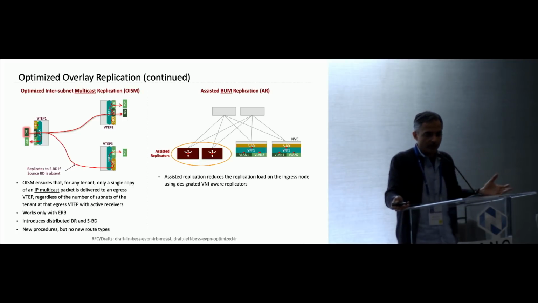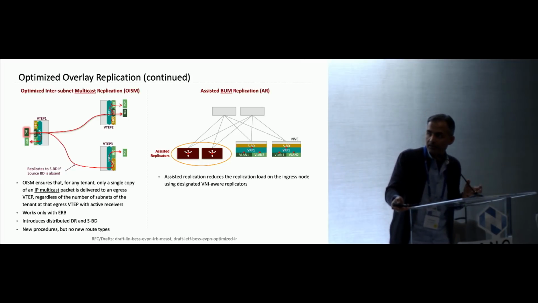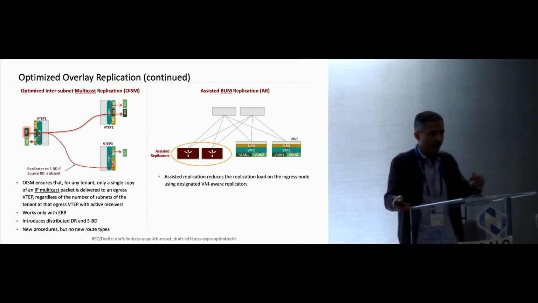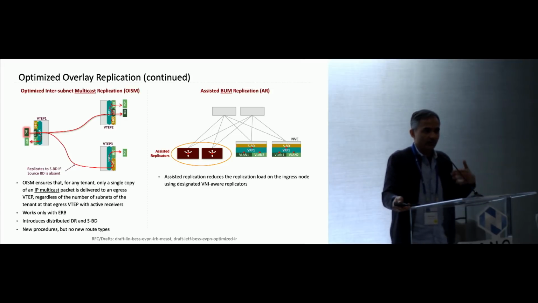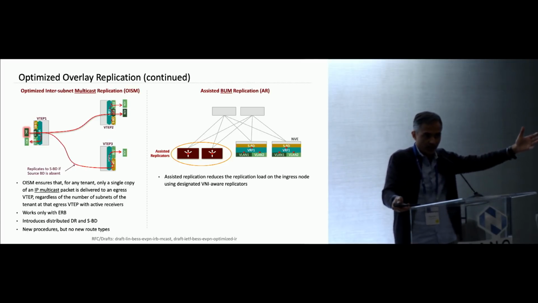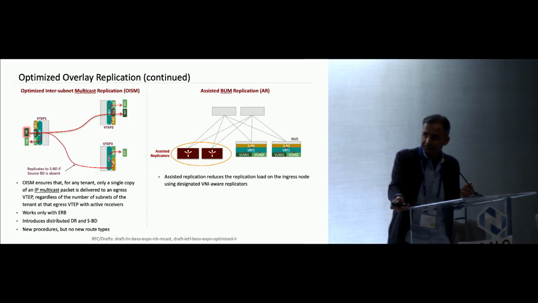Okay, there's also this new capability called assisted replicator. What the assisted replicator does is, ingress VTEPs send all their BUM traffic to an assisted replicator, and the assisted replicator does the work of replicating. So the replication load on the ingress goes away and gets transferred to the replicator, which could be connected with more capacity.